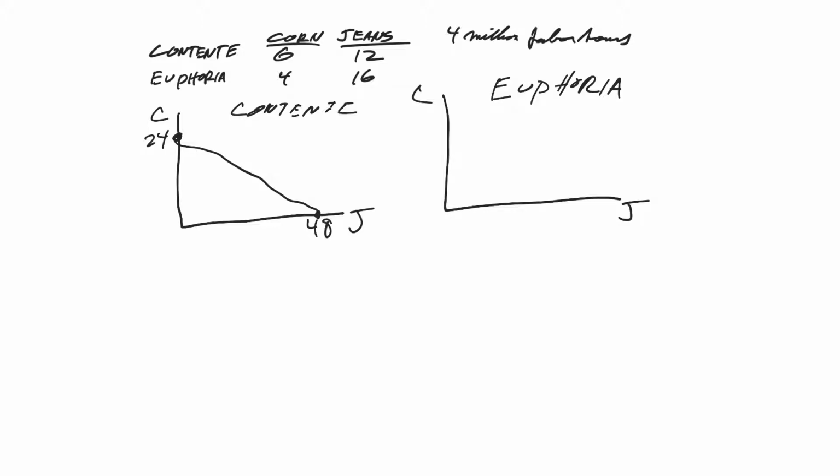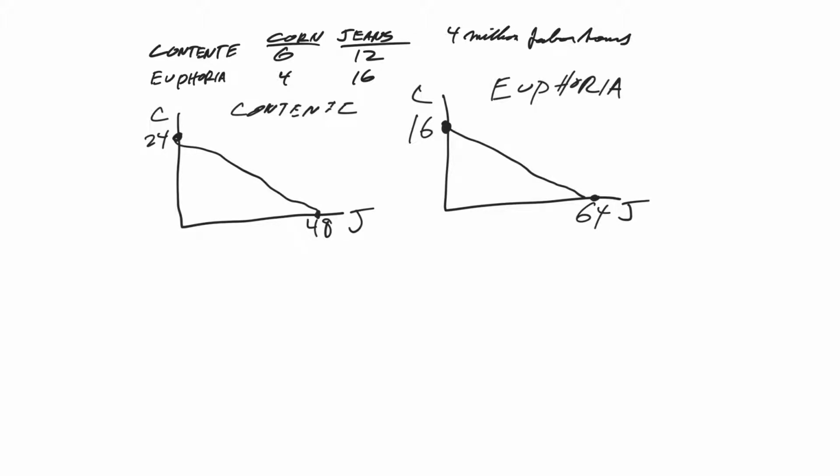They've got 4 million hours, so that is 16 million corn. And 16 jeans per hour times 4 million, that is 64 million jeans. There's their production possibilities curve.